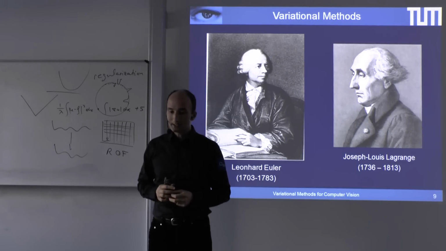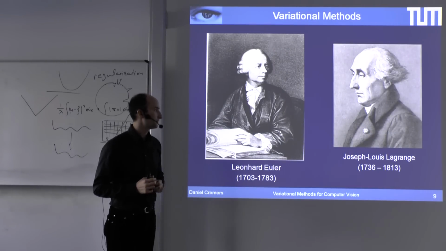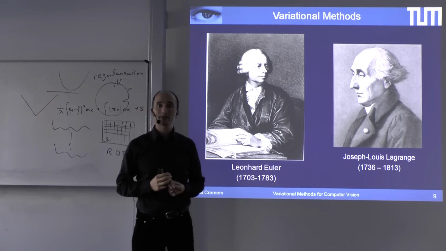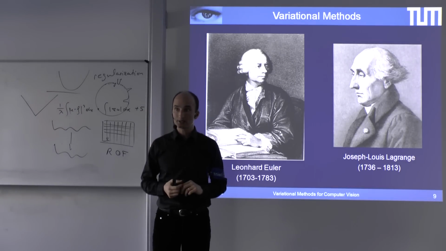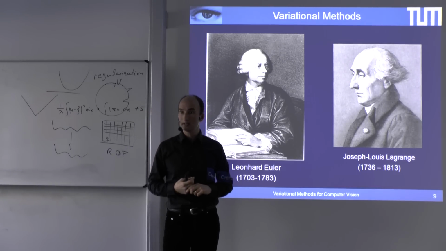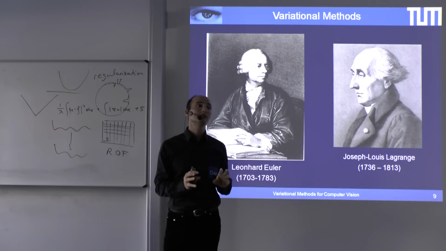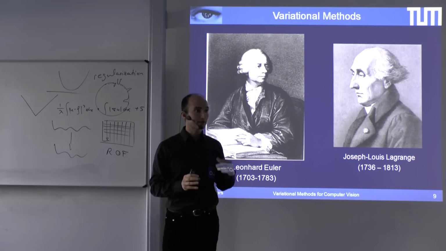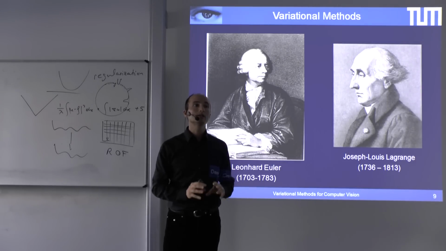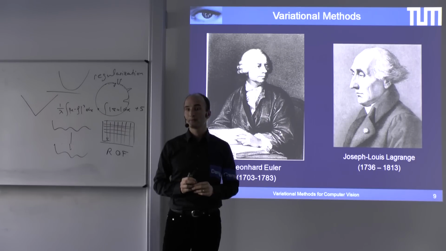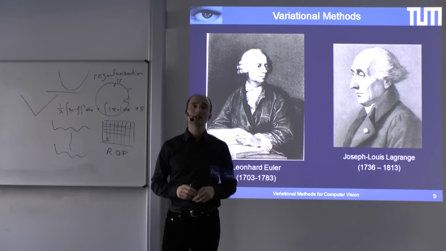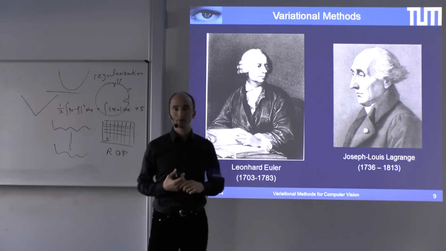To come back to history, variational methods, as I showed you, go back to the 17th century to the brachistochrone solution of Bernoulli. But that was one specific solution, very constructive as you saw, for one specific problem. And it's not easily generalized to arbitrary problems.